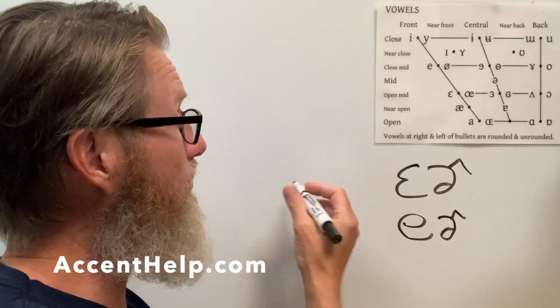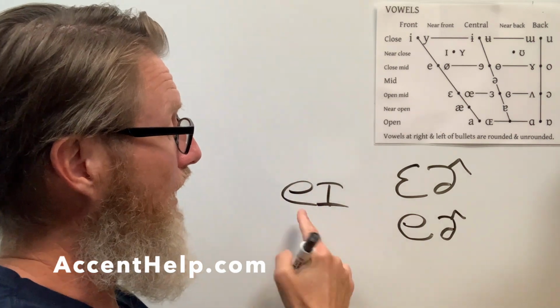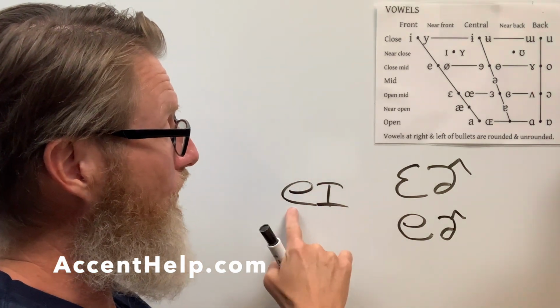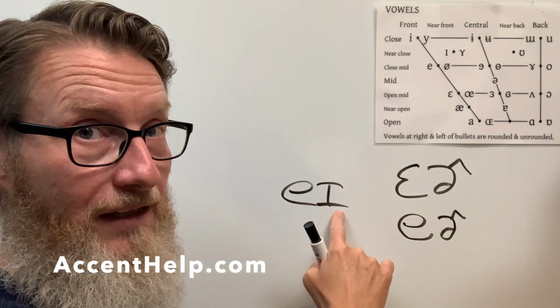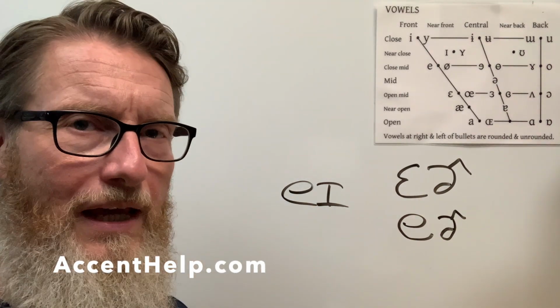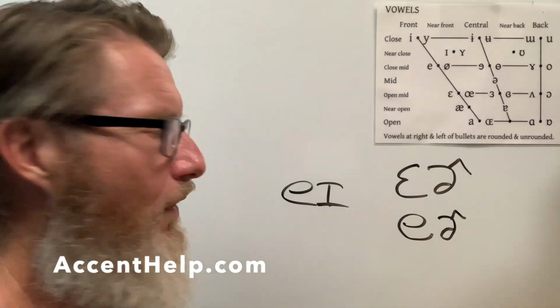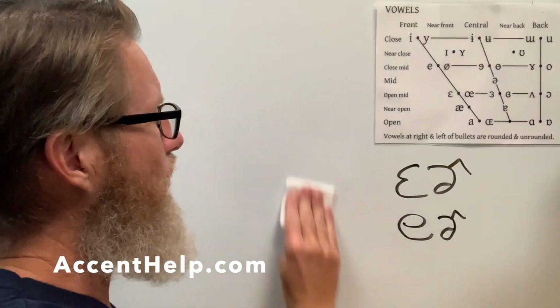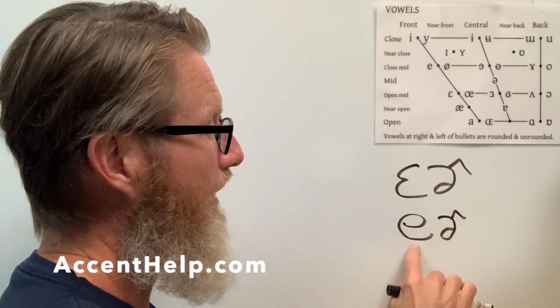This is commonly used only in the diphthong for the A sound. A, right? Pay, amaze, weigh. Great. Air.